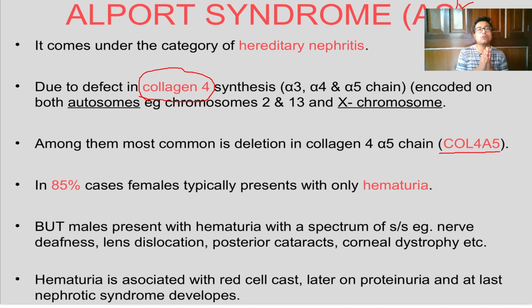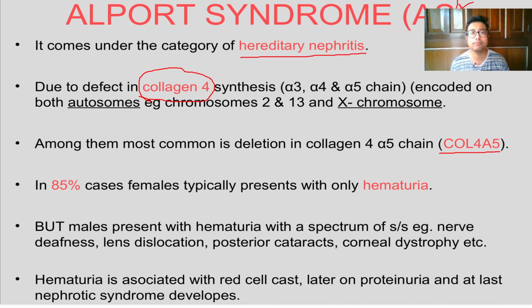Now I ask you, collagen 4 is associated with development of basement membrane. The one organ in which basement membrane comprises a large part is the kidney, right? GBM, glomerular basement membrane.